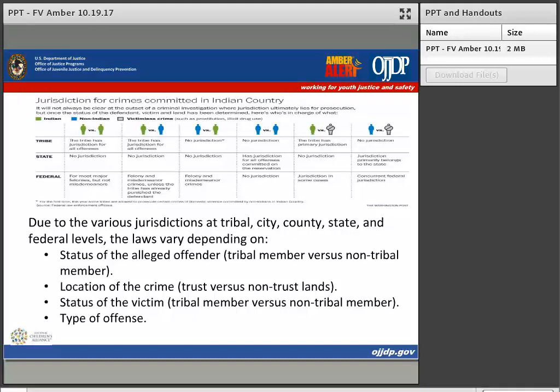Jurisdictional issues, I mentioned that briefly. The dilemma that we often face in dealing with cases that arise in these communities is where did the crime occur, who is the victim, who was the assailant, and it can vary from case to case.